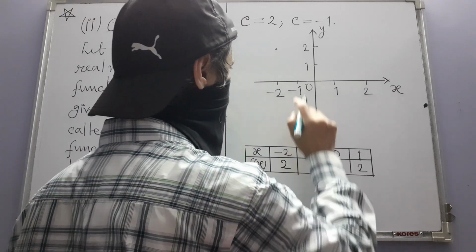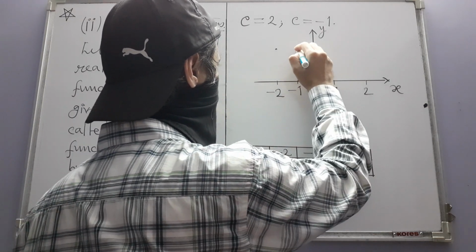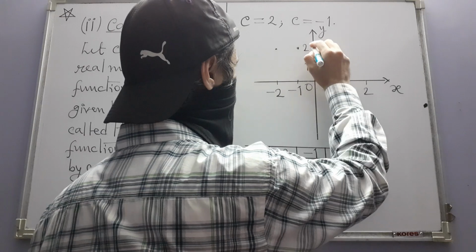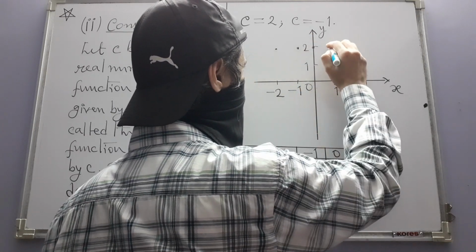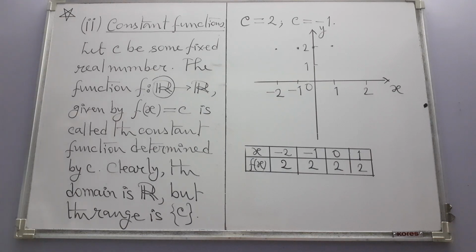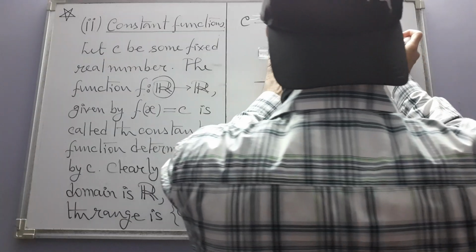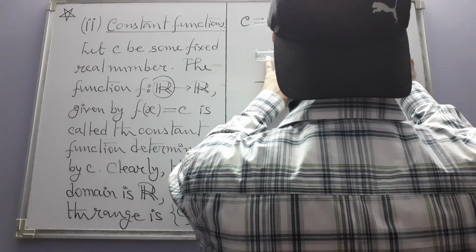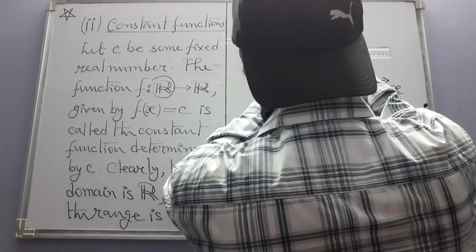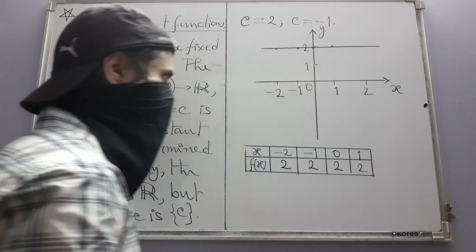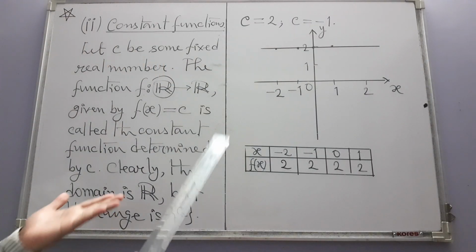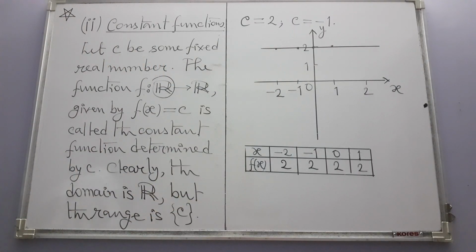For minus 1 also it's 2, minus 1, 2. For 0 also it's 2, 0, 2. For 1 also it's 2. So you get the horizontal line which is parallel to the x-axis 2 units above the x-axis. And again, because I have done it so carelessly, the points likely will not lie on this line, but you can imagine that this is the graph.